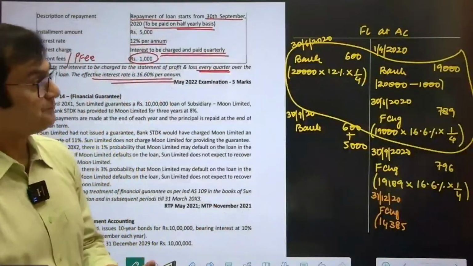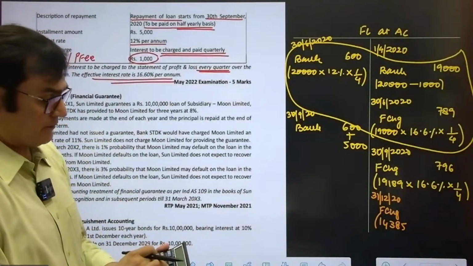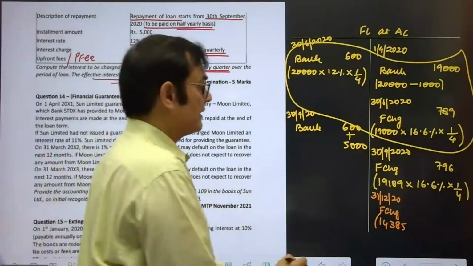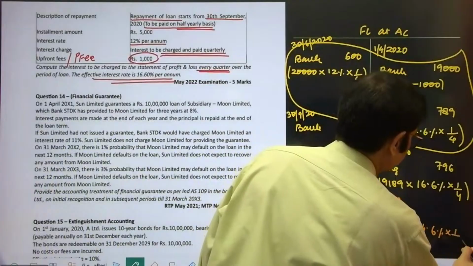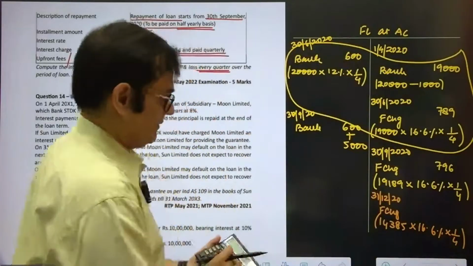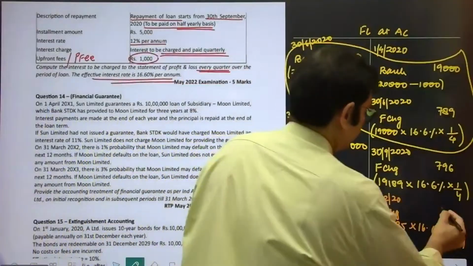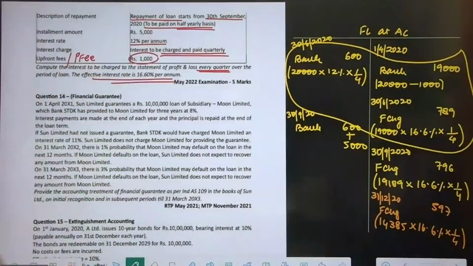Just check this. 19,789, yes, sir. 796. Yes, sir. 14,385. Correct. Wonderful indeed. So we take 16.6% on this for again 1/4 of the year. It's coming 596.9. Yes, 597. So 597 approximately.